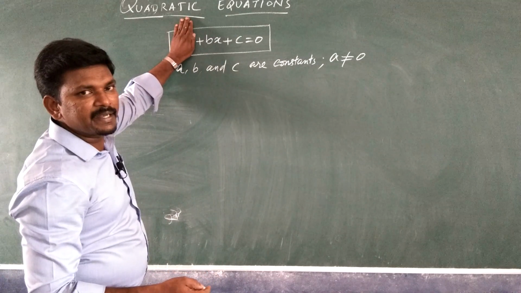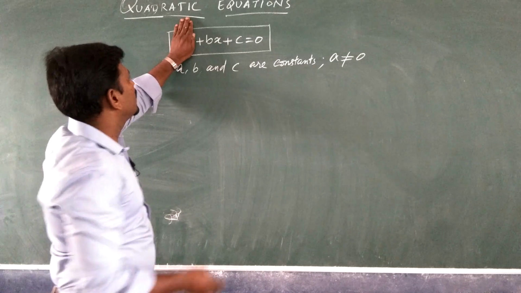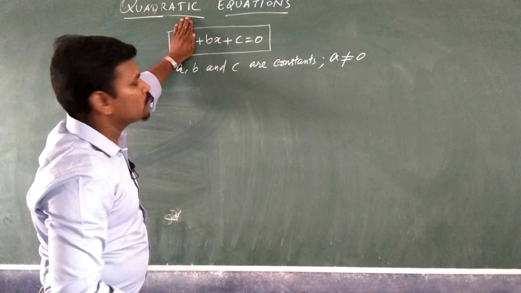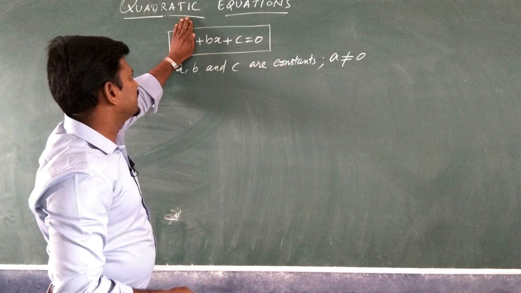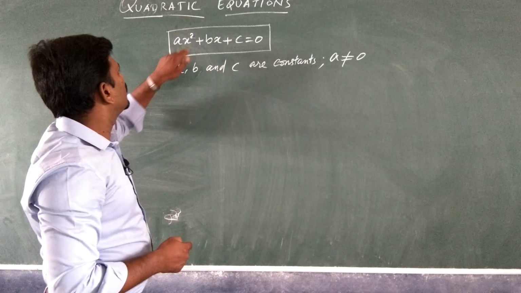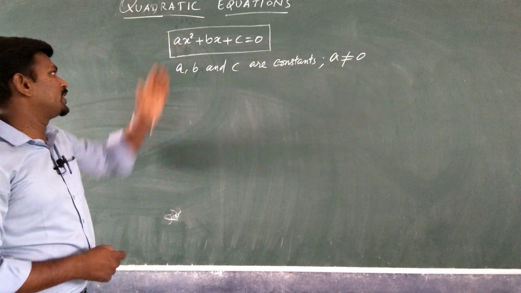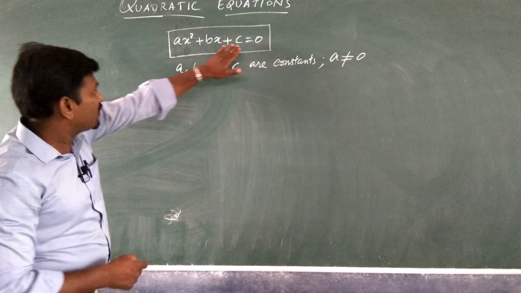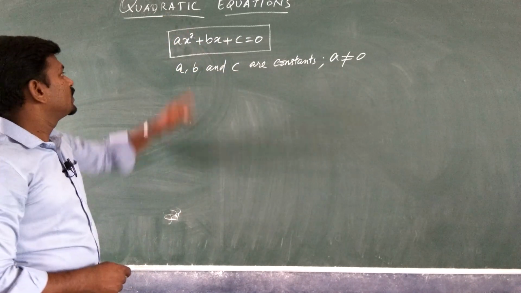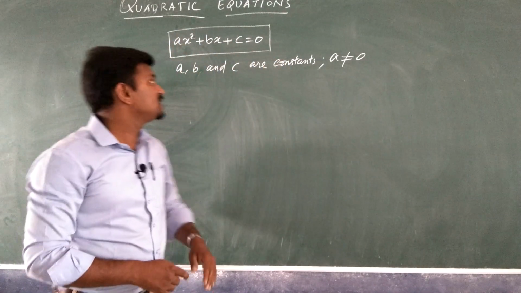This x square term will be 0, leaving bx plus c. So is this a quadratic equation? No, it is a linear equation. So for a quadratic equation, x square, y square, t square, the highest power of the variable must be 2. So this a should not be 0.